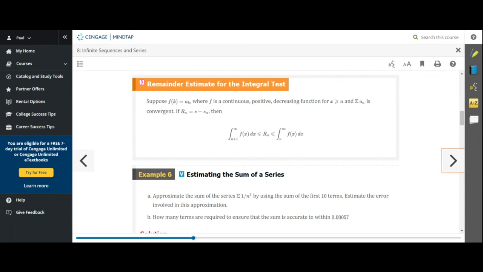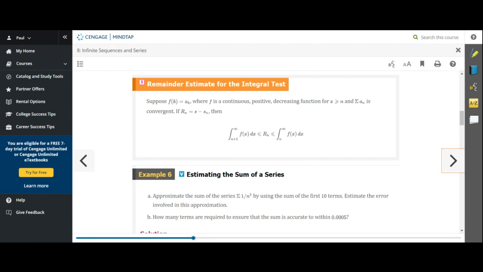What's really important is the upper bound on the error. The remainder has a lower bound, which is the integral on the left in the remainder estimate, and the integral on the right is the upper bound.